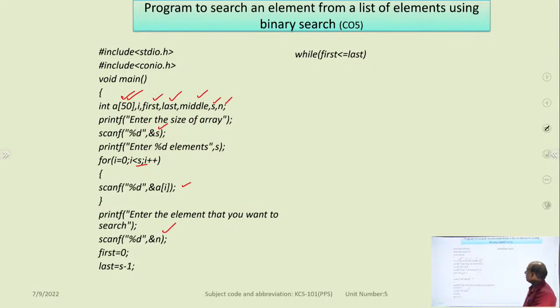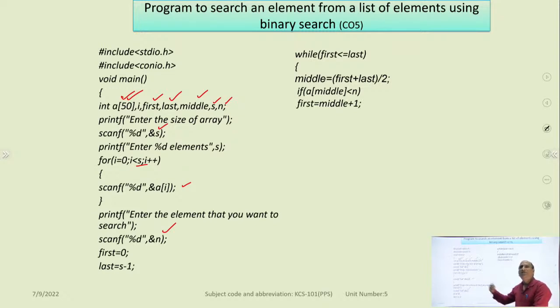I have written while first is less than or equal to last, we find the middle index, middle is equal to first plus last upon 2. Then if the item at the middle index is less than N, that is the item that we are looking for, then move first to middle plus 1 index, that I have just explained to you.